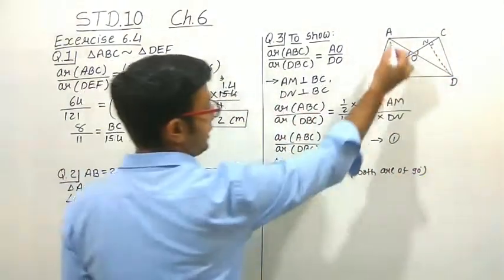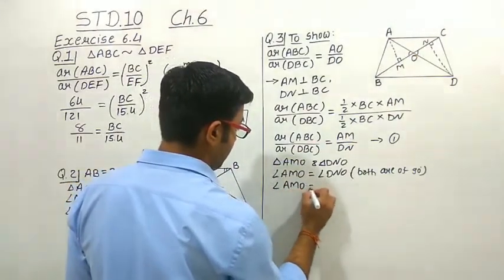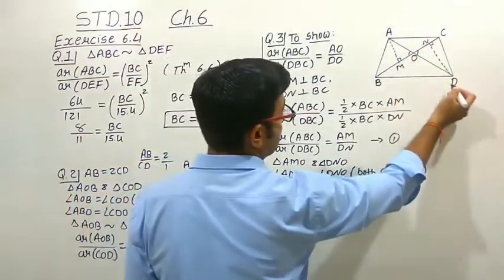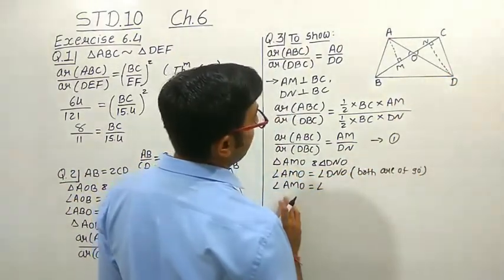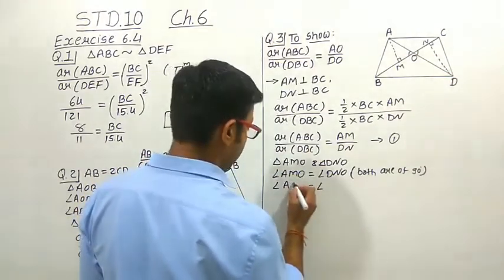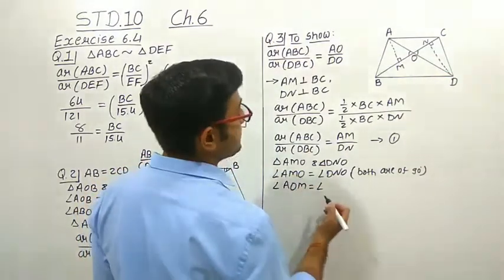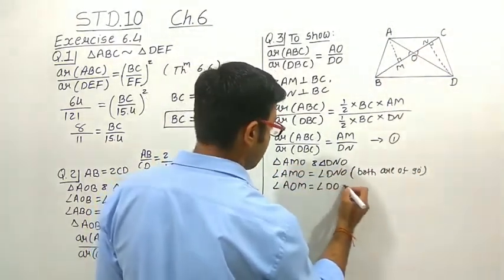So this angle we can write as angle AOM and the second angle as DON.